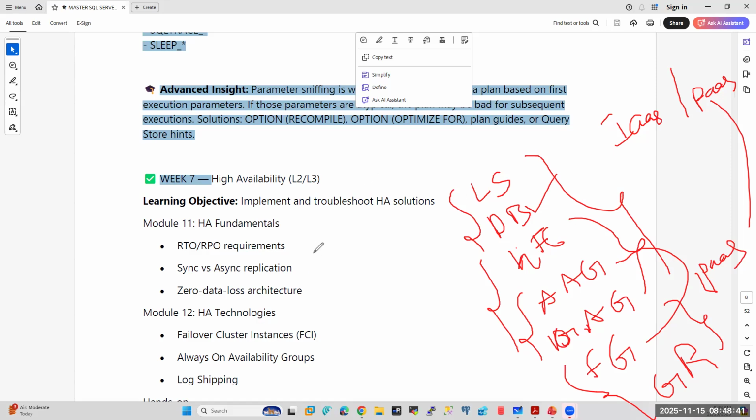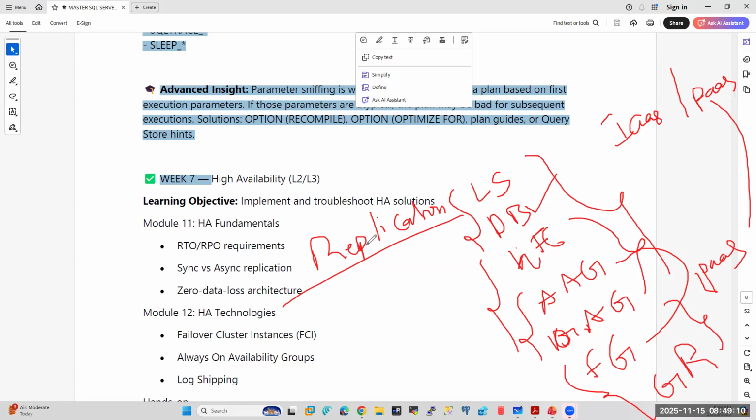Along with that, we are going to discuss replication, one of the trickiest features in the entire SQL Server. It's a little complicated feature, but I will make it clear. We'll spend more time on replication, which is one of the most important concepts. It's not a high availability or a DR, but it is a feature in SQL Server.